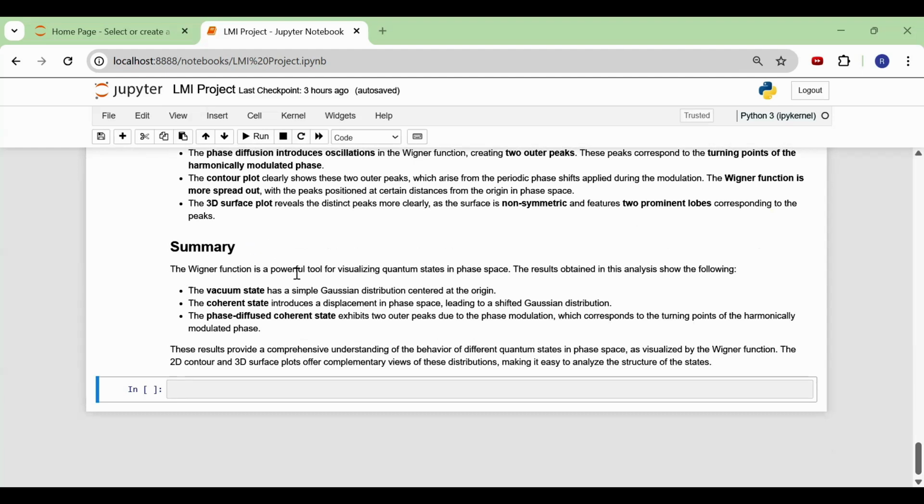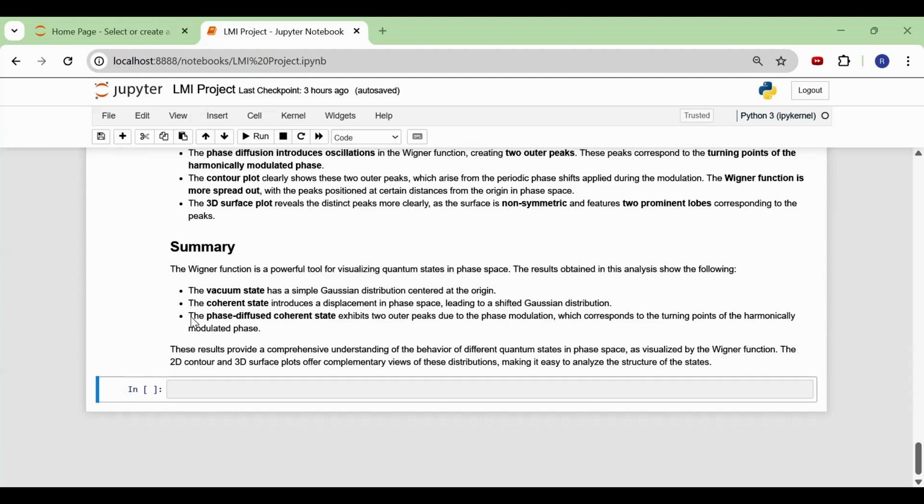Finally, coming to the summary of these plots. As you can see, the Wigner function is a very powerful tool for visualizing the quantum state in phase space. The result we obtained is that the vacuum state has a simple Gaussian structure centered at the origin. The coherent state introduces a displacement in phase space, leading to a shifted Gaussian distribution along the real axis.